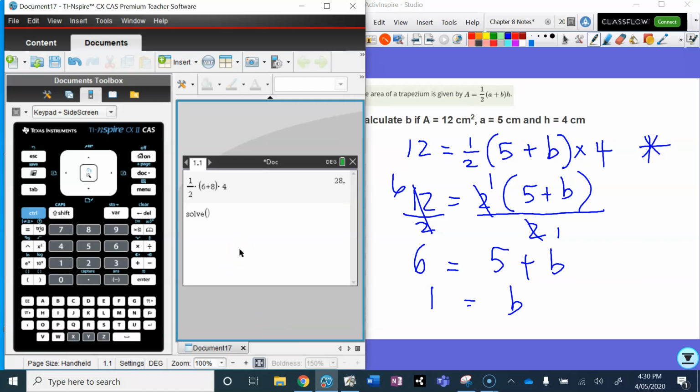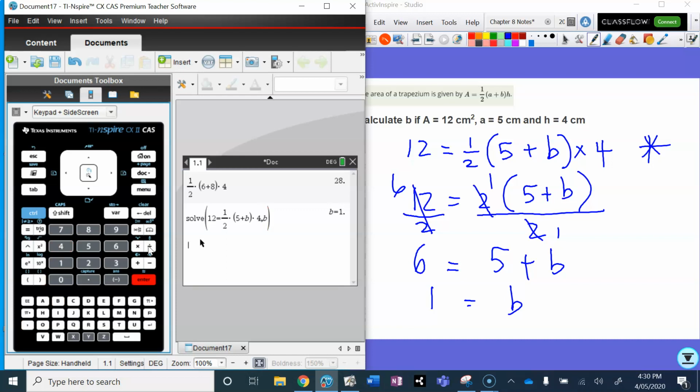So I want to solve this equation, 12 is equal to, fraction template, a half of 5 plus b. So I'm taking care to write it exactly as I've written it down first, times 4. And I want to solve it for b. So I put in there, tell the calculator, comma b.